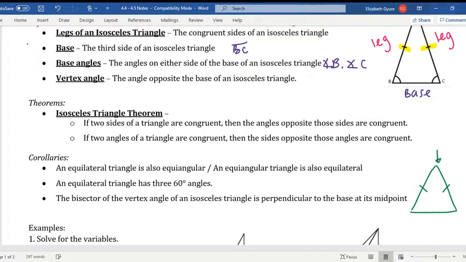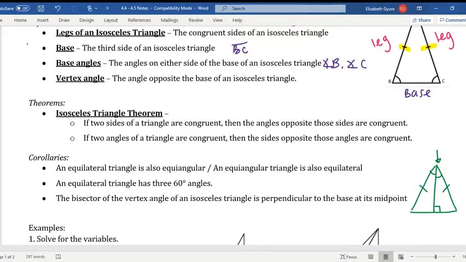So that would be this angle here. If you have a segment bisecting it, that bisector is perpendicular to the base. In other words, it's going to be perpendicular to the opposite side. So you would have something like this. Okay?